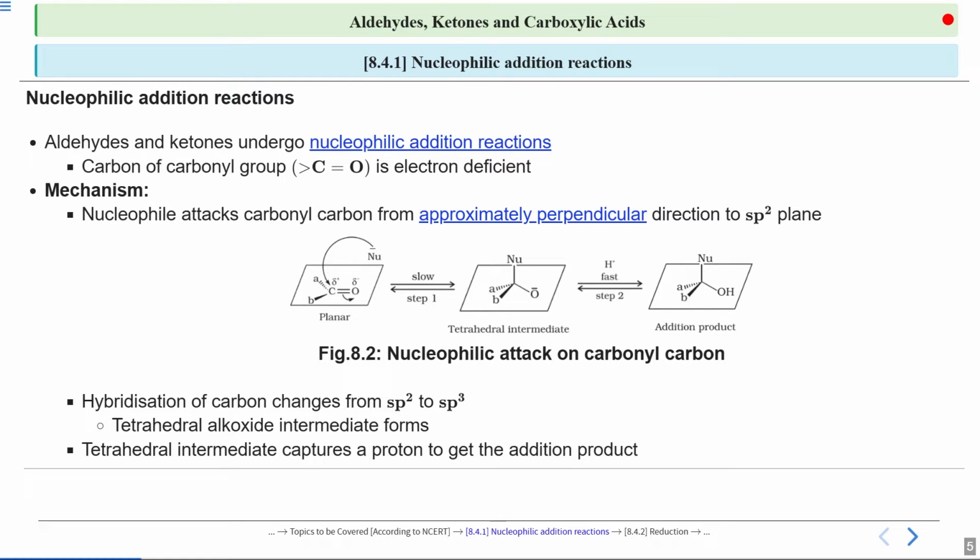So you will see this is your final addition product. This step stabilizes the intermediate and results in a neutral molecule. So this is how the nucleophile attacks the carbonyl carbon. You get a tetrahedral intermediate and then it accepts one proton and gives you an addition product. Okay, I hope this is clear.